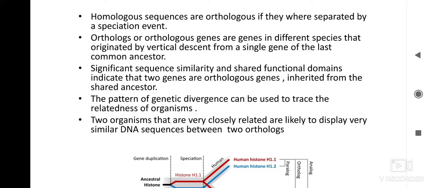The pattern of genetic divergence can be used to trace the relatedness of organisms. Two organisms that are very closely related are likely to display very similar DNA sequences.